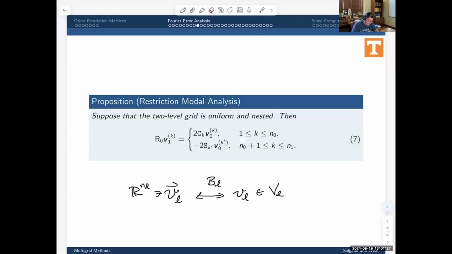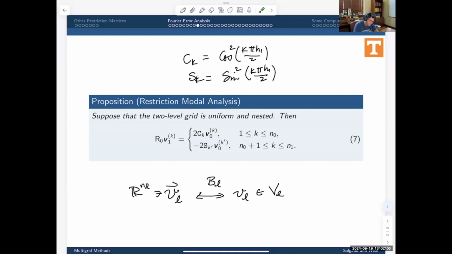So if the thing started out as a low frequency mode to begin with, then it gets mapped to a low frequency mode on the coarse grid with a prefactor of 2 in this typewriter C_k, and C_k was defined along with S_k as the cosine of k pi h1 over 2, and S_k was equal to the sine, with a square, of k pi h1 over 2.